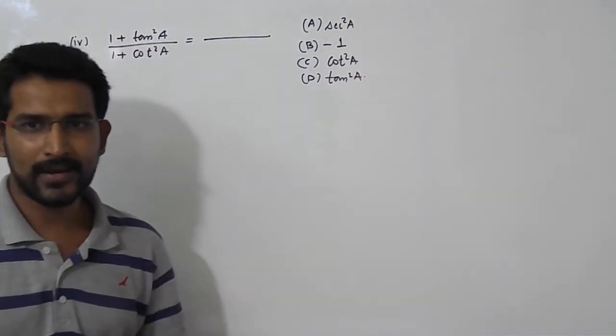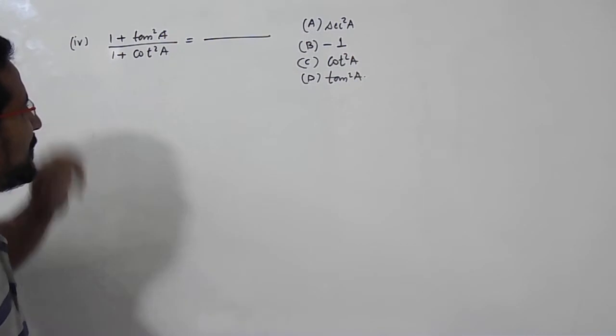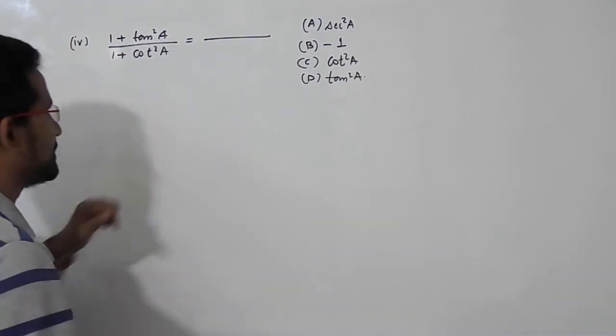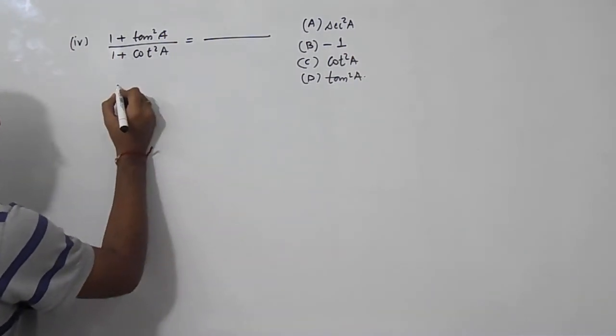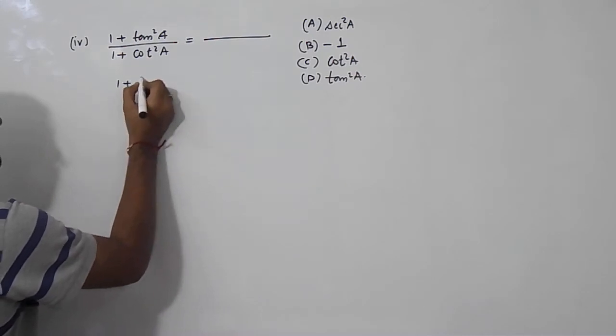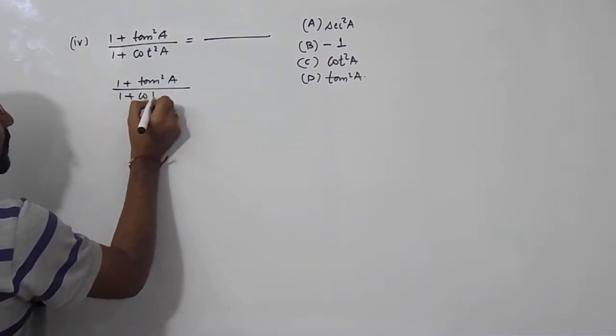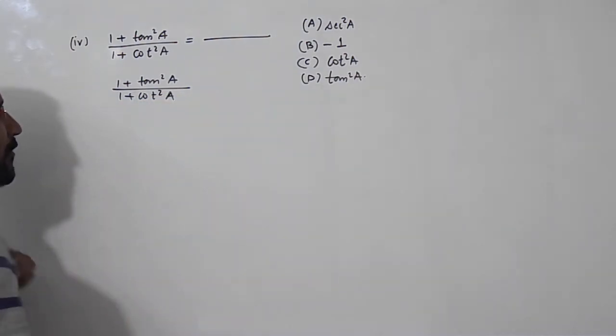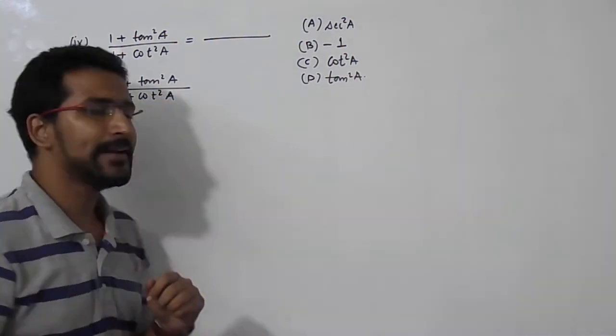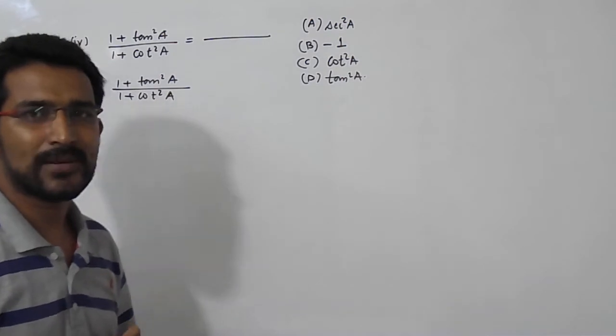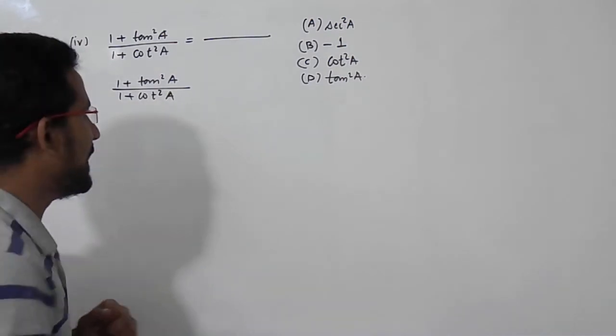So now again we'll solve this, we'll simplify this. Now it is given that 1 plus tan square A upon 1 plus cot square A. So we have already seen that identity that 1 plus tan square theta is sec square theta.